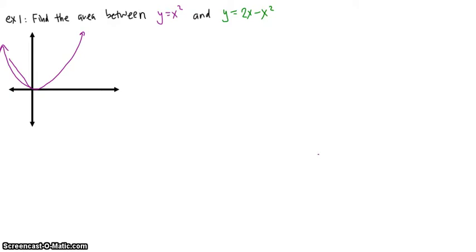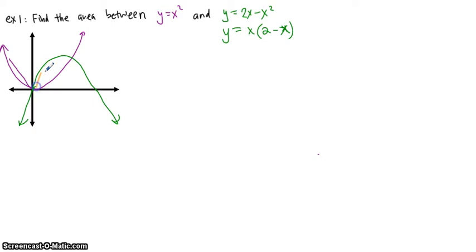That's pretty good. And then we have another parabola. This time, I can factor out the x. I get x times (2 minus x). I know that my x-intercepts, it's a sad parabola, are at 0 and 2. So something like this is what I'll know.